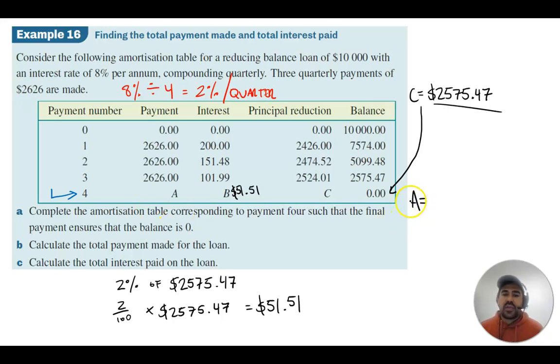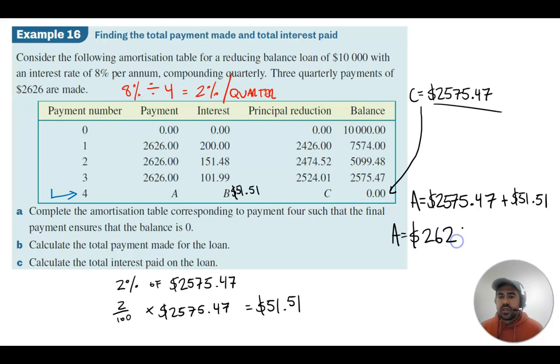A, how much the payment is, is how much you had to give to get the balance down to zero in the first place, which is $2,575.47, plus the additional interest of $51.51. This here will give you the payment of $2,626.98. This here is what the final payment will need to be.